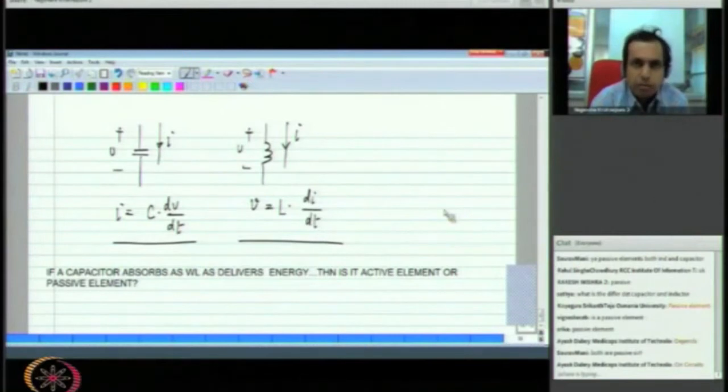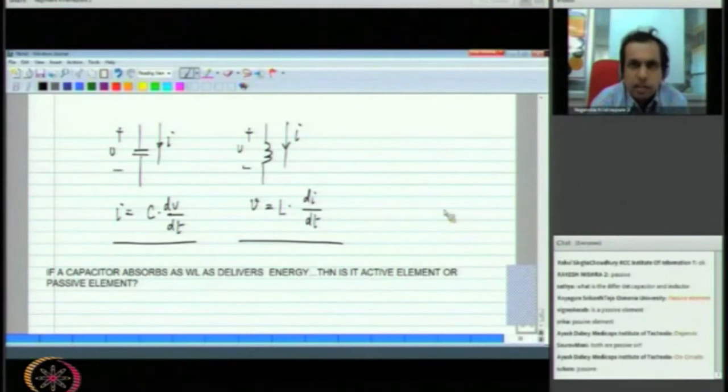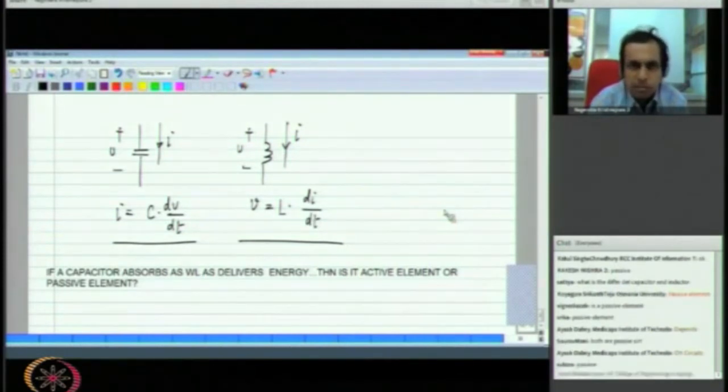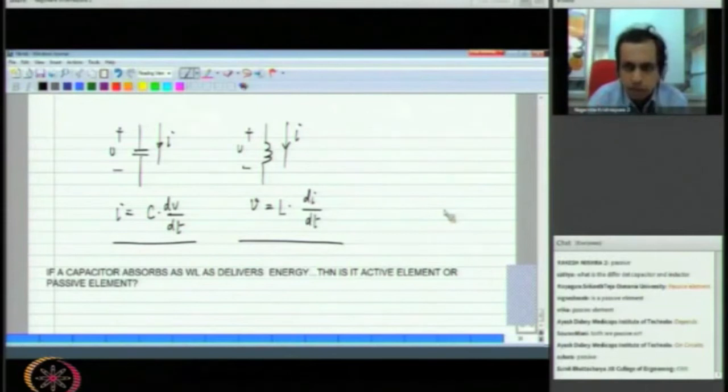There are many cases in which a circuit needs a lot of energy at some particular instant. So you arrange the circuit such that the capacitor is charged up and it stores energy, and during those instants of very high energy demand, it can give out energy. But we still consider it a passive element because you first have to supply energy to it and then take it out. I hope that is clear.